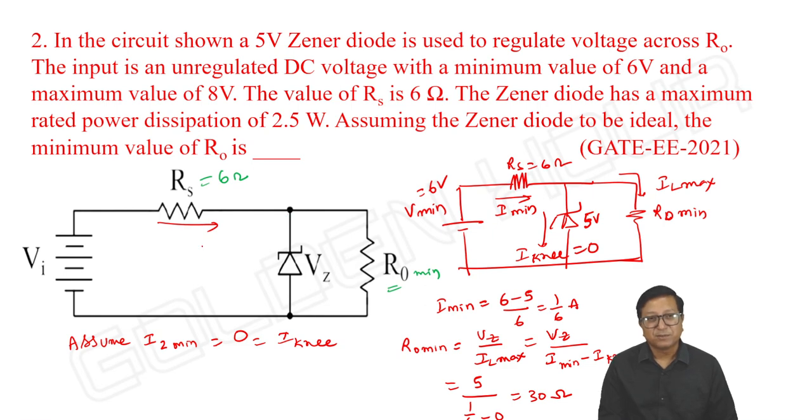From that, I maximum minus IZ maximum gives us IL minimum. From IL minimum, we can find RL maximum. That's the idea, right? Out of curiosity, if you want, you can do that, but here it is enough. Let me just write the steps. So very, very simple thing actually.